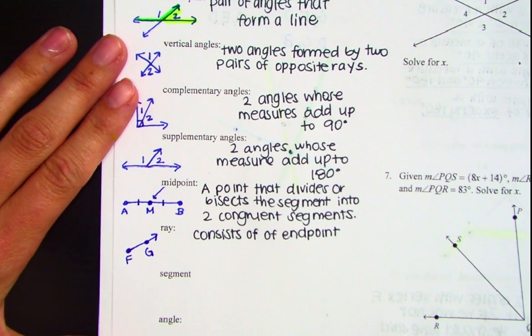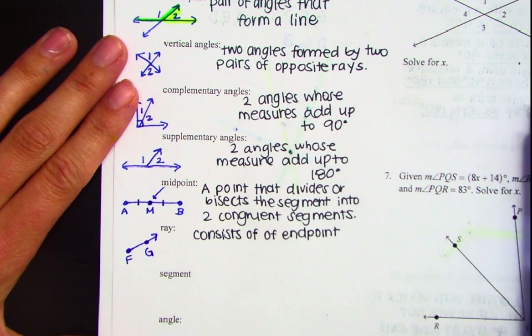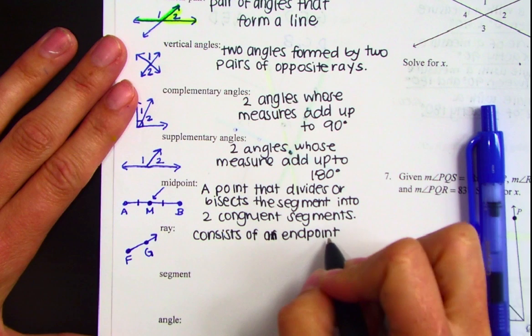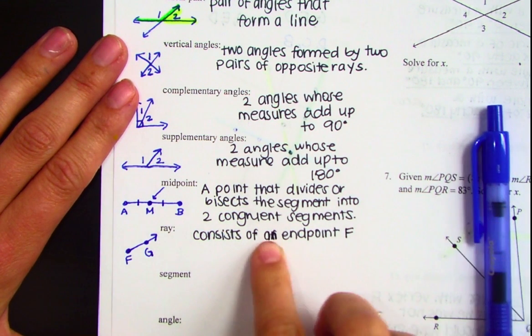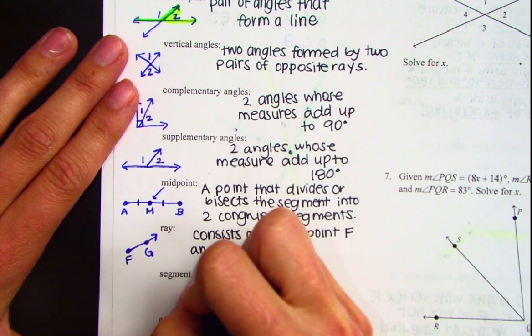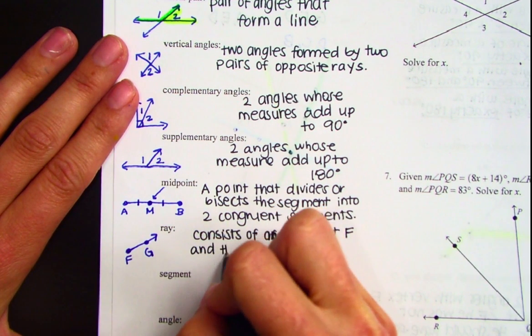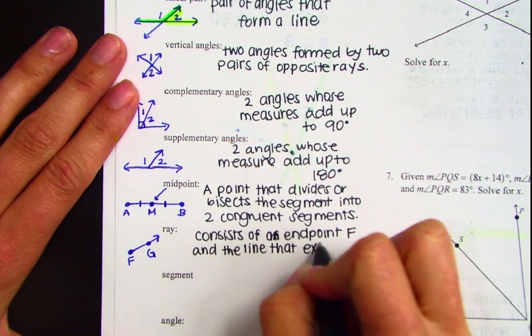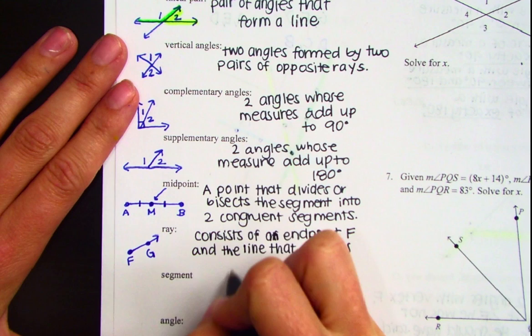So that's an example of a ray. So it consists of, definitely meant to say of an endpoint. In this case, F. So we have an endpoint F, and the line that extends infinitely towards G.